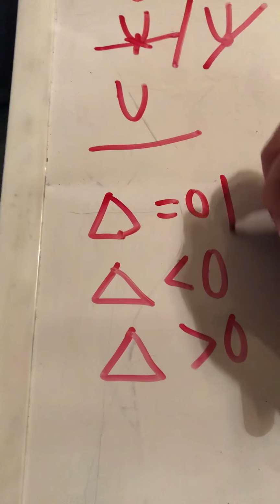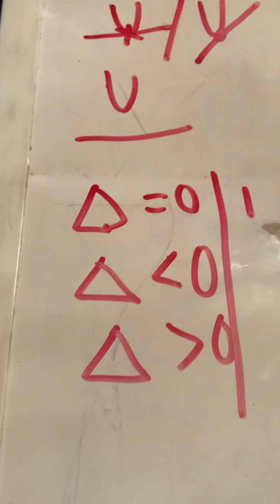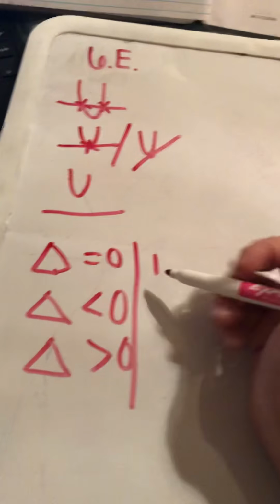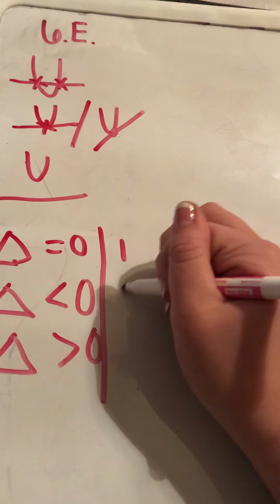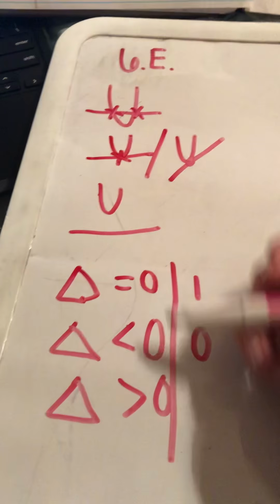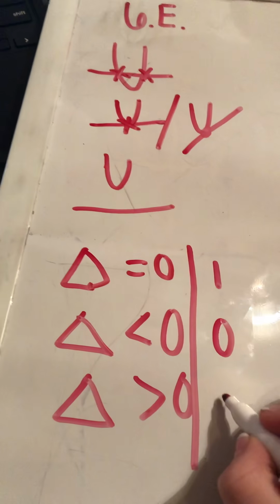If it is equal to 0, you have 1, so it'd be either touching or the tangent. If it is less than 0, it is missing, so that would be this one. If it is greater than 0, you have 2, so that would be cutting.